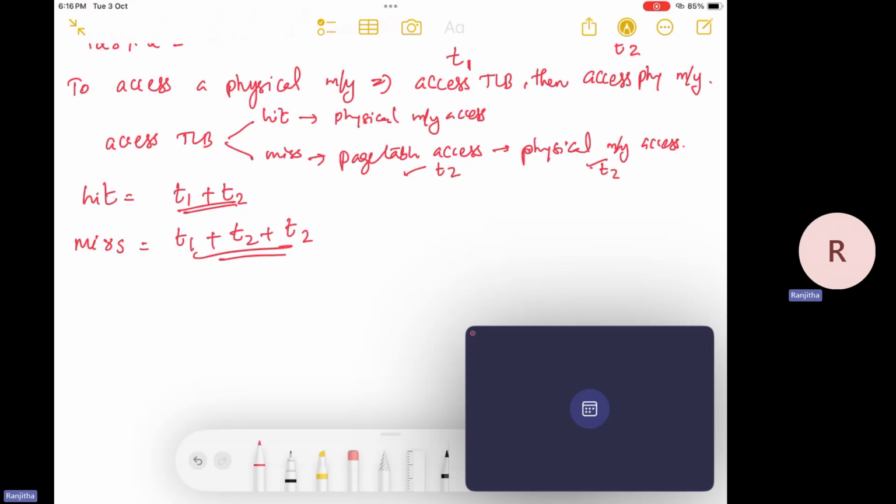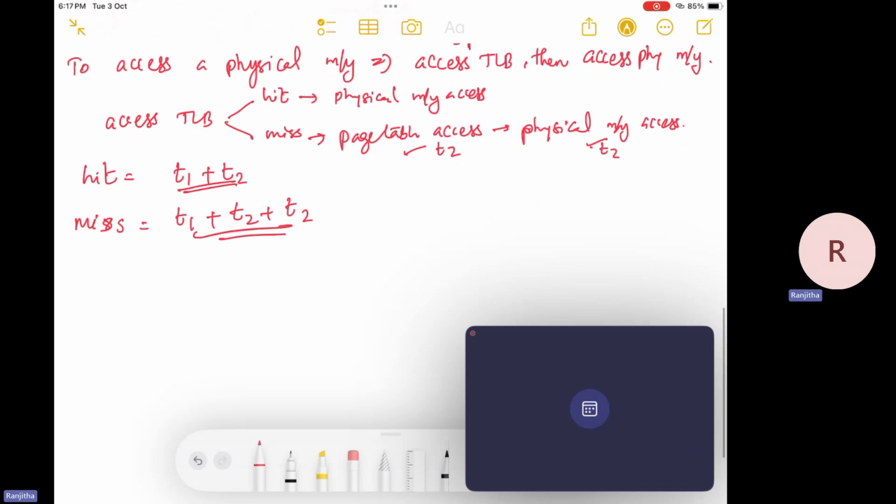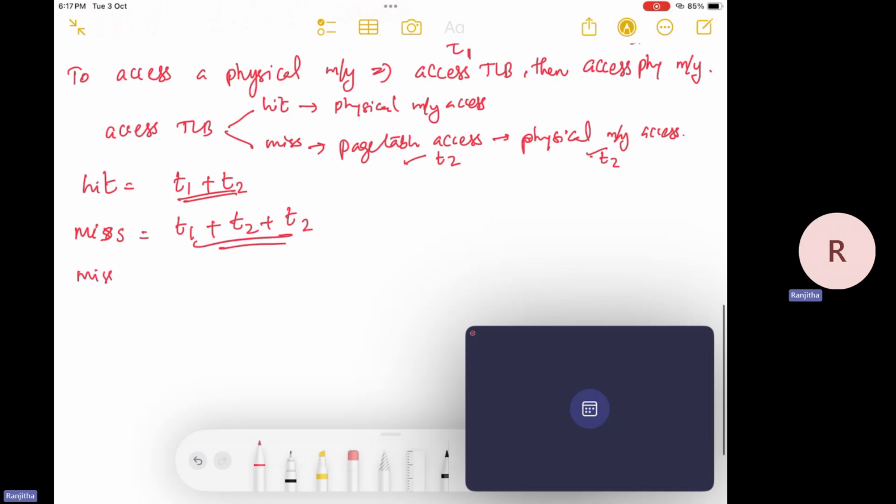So in general, we will have some misses and some hits. We call the number of hits that we get the hit ratio and the number of misses the miss ratio. So in general, the hit ratio will be provided and the miss ratio will be 1 minus hit ratio.